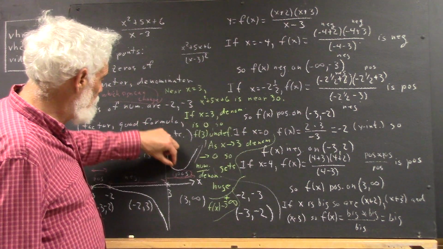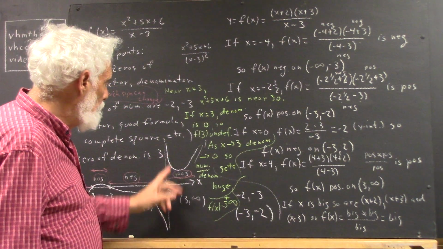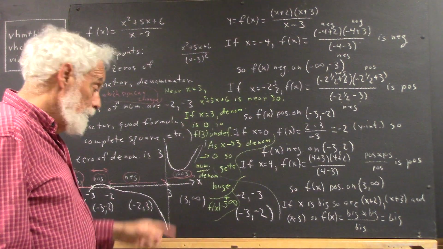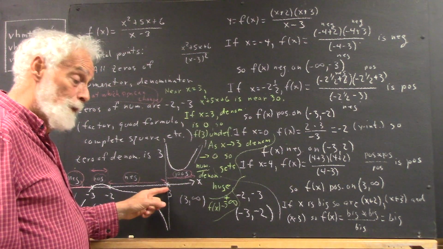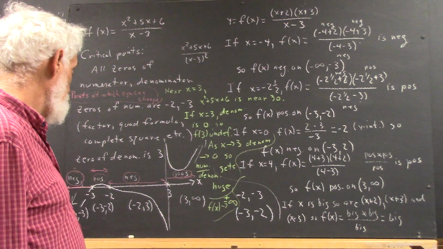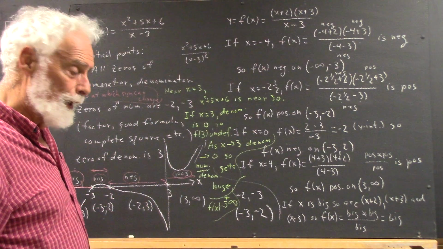So you have this vertical asymptote here. The closer x gets to 3, the bigger y gets in the positive direction. There's no limit to how close x can get to 3, so there's no limit to how big this result can become. Okay, so at x equals 3, we have these asymptotes.